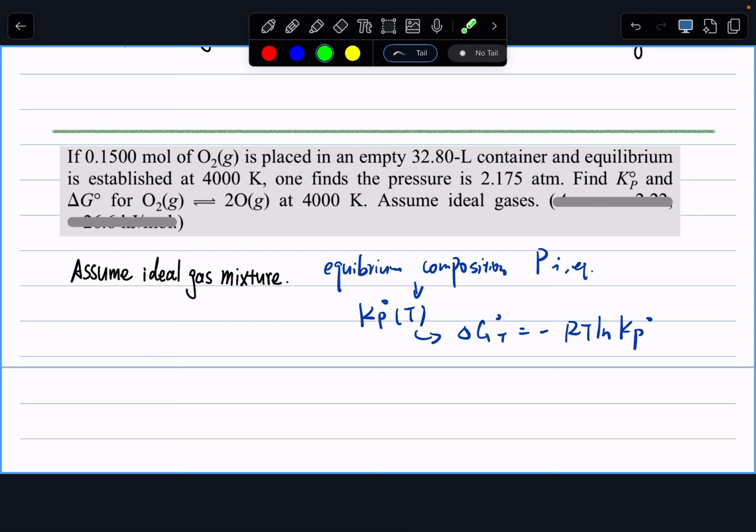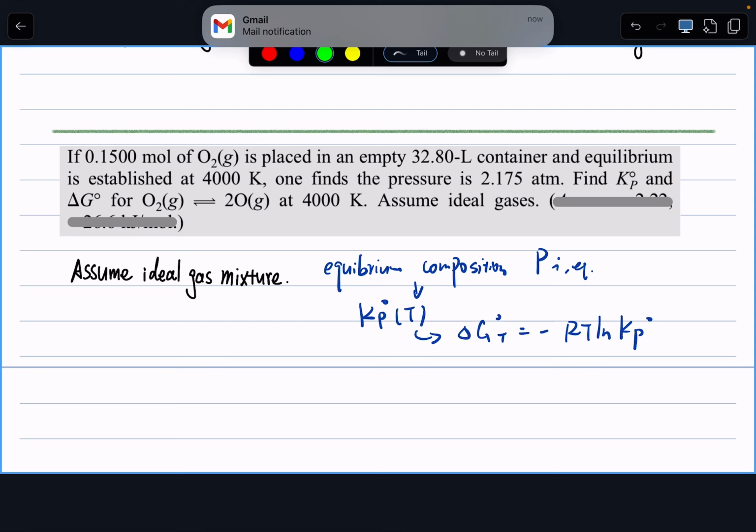Just keep in mind, the stoichiometric coefficient of O2 is -1. The stoichiometric coefficient of oxygen is 2. Plug in the numbers, you get the Kp naught. And at the end, we can use delta G naught T equals negative RT ln Kp naught.